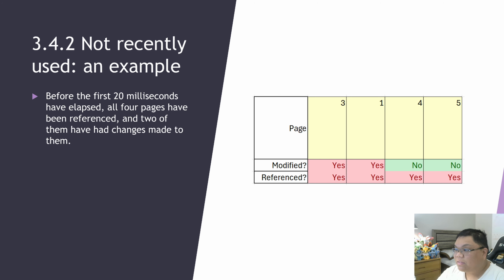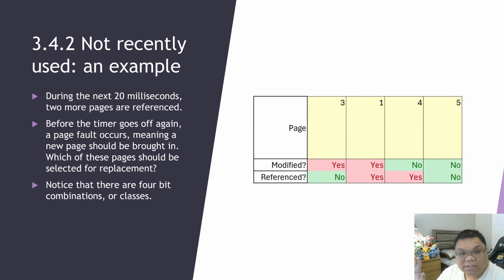It means during the first 20 milliseconds of this program running, we had to read every page, and also had to write to 2 of the pages. During the next 20 milliseconds after that, we only had to use 2 pages. Which of these pages do we replace if we need to make room for a new page? That's the question now.